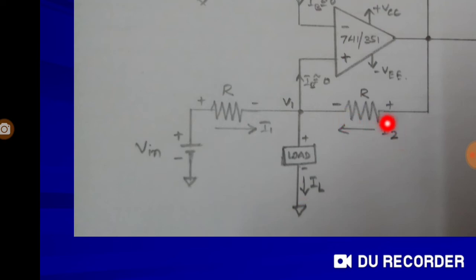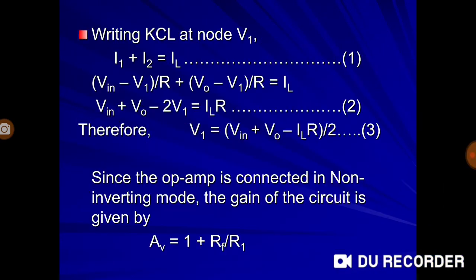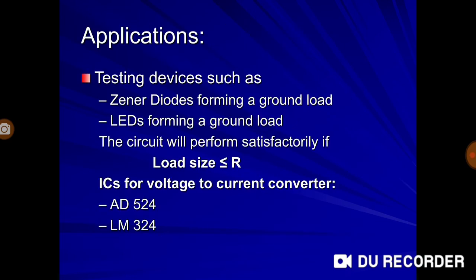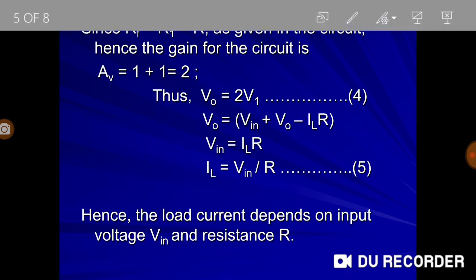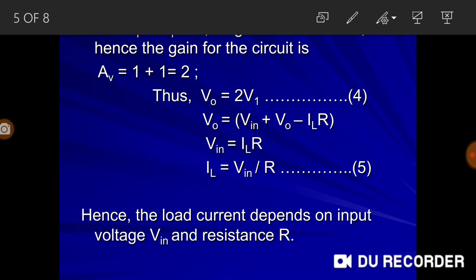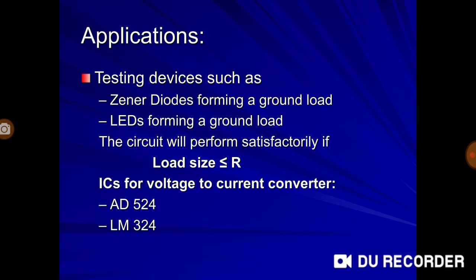Otherwise, if this is too small and this is very high, then it acts as a short, and the values that we get cannot be contained. Because we have IL equal to Vin by R, and if R is not sufficient to hold the current, then this circuit won't work. So this has to be kept in mind, that this circuit will perform satisfactorily only if the load size is less than or equal to R.